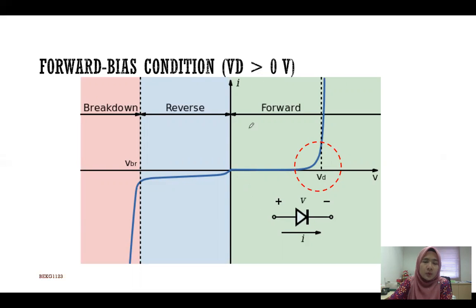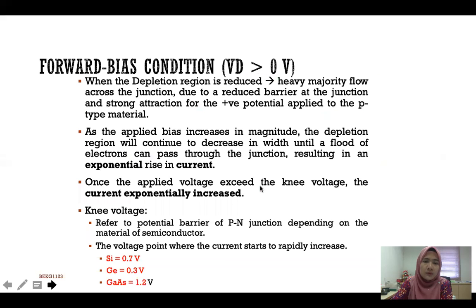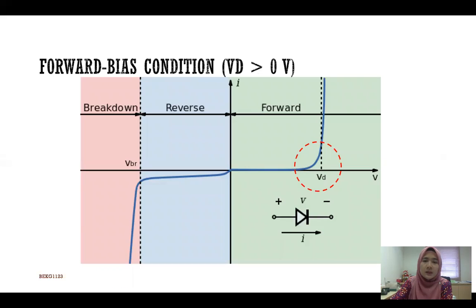Previously it was already stated that as the applied bias increases in magnitude, the depletion region will continue to decrease in width until a flood of electrons can pass through the junction and will result in an exponential rise in current. So this is what it means by exponential rise in current.